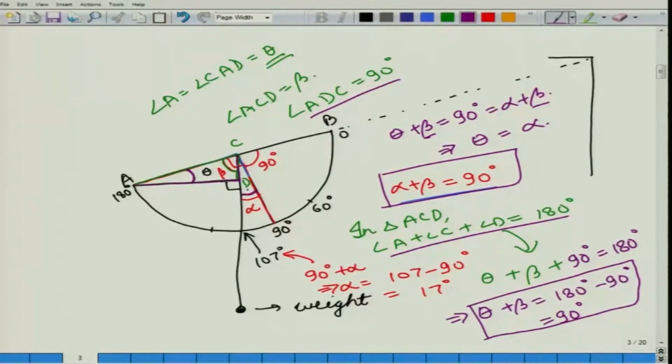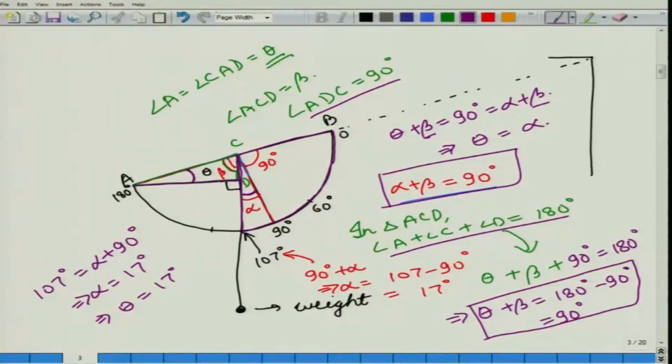Now what we have measured using our protractor is this complete angle, which is 107 degrees. Now 107 degrees is equal to alpha plus 90 degrees. So alpha is equal to 17 degrees, and so theta is also equal to 17 degrees.